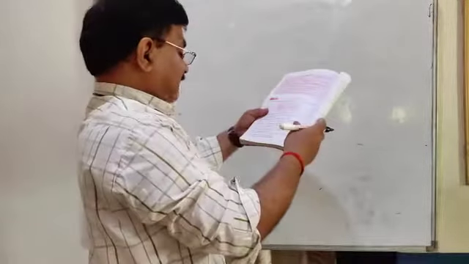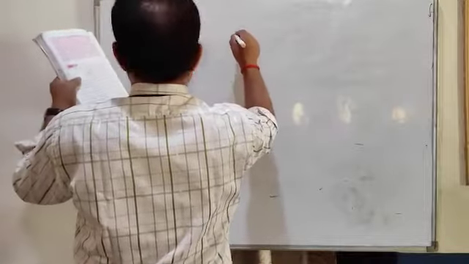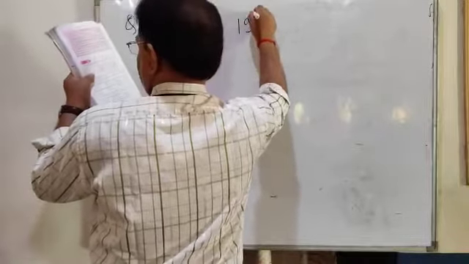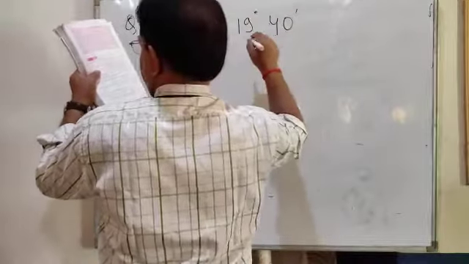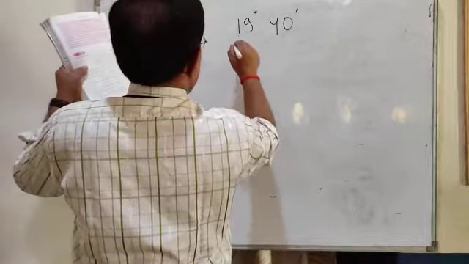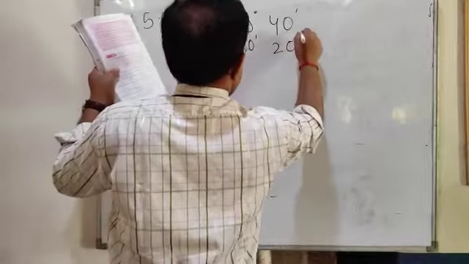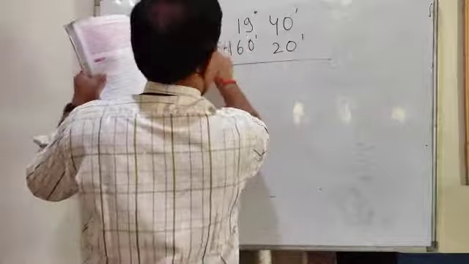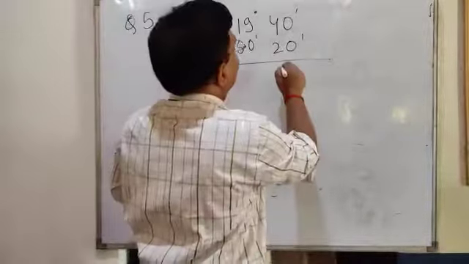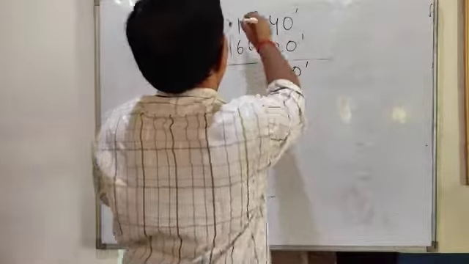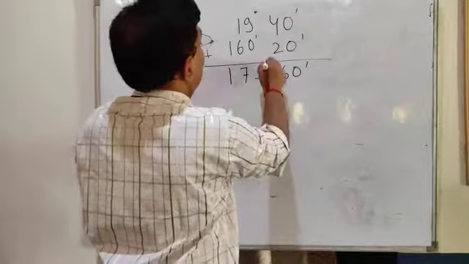Let me do the first one. 19 degrees, 40 minutes and 160 degrees, 20 minutes. Let us add it. 40 and 20, 60. 60 minutes. And 9 plus 0 is 9, 6, and 1, 7, 1.